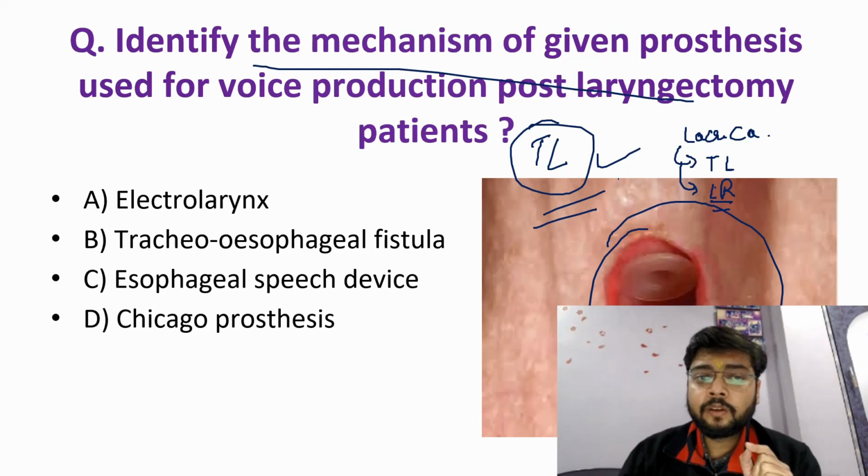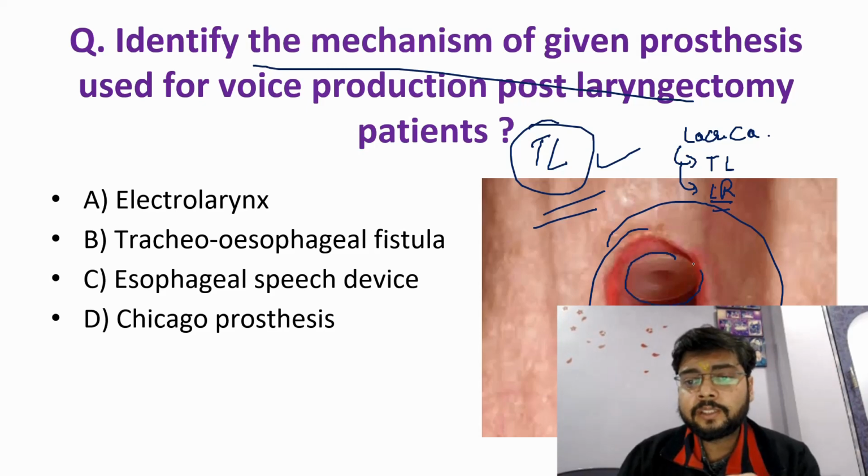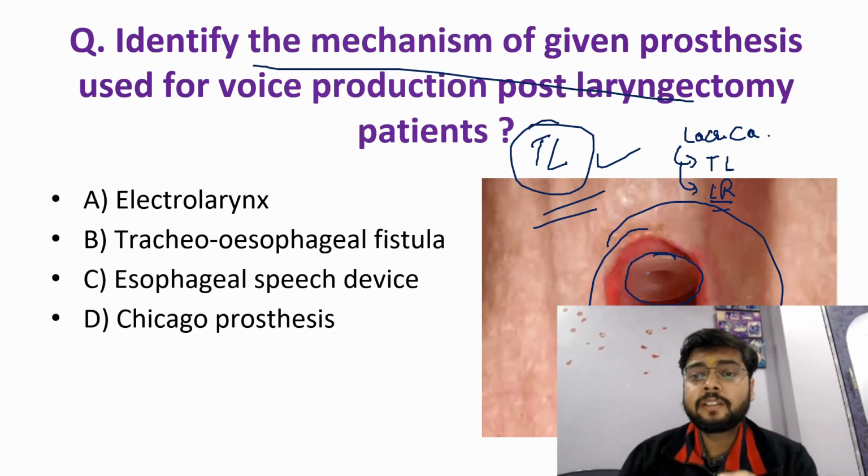Mechanism of given prosthesis used for voice production. So what is happening here is there is a prosthesis that is inserted inside the laryngectomy stoma. So this is a prosthesis inserted by creating a fistula called tracheoesophageal fistula. So this fistula is communicating the trachea into the esophagus.